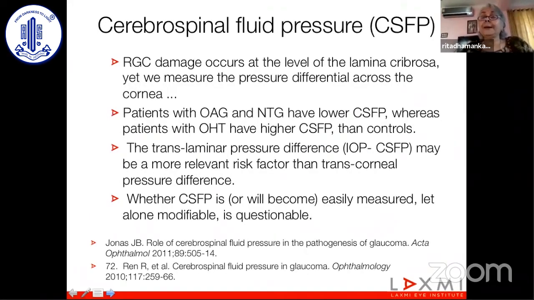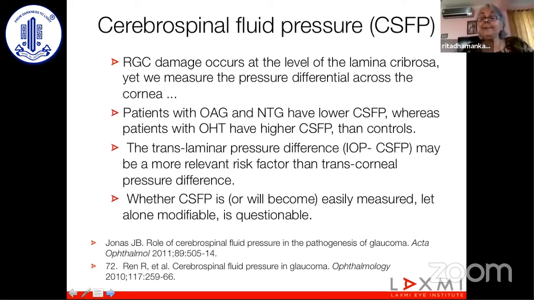Now, cerebrospinal fluid pressure suddenly gained a lot of importance in the last decade. Retinal ganglion cell damage occurs at the level of the lamina cribrosa. Yet, we measure the pressure differential across the cornea. So patients with open-angle glaucoma and normal tension glaucoma have lower CSF pressures, whereas patients with ocular hypertension have higher CSF pressures than controls.